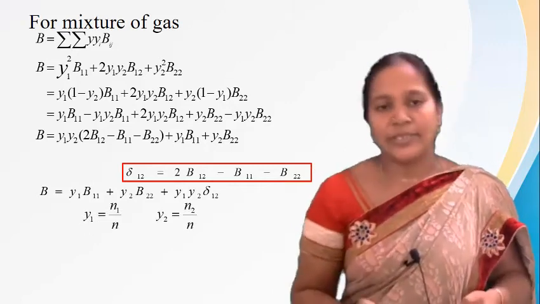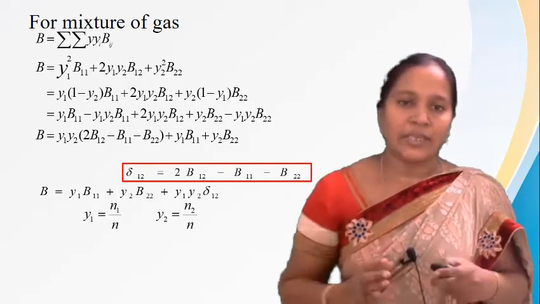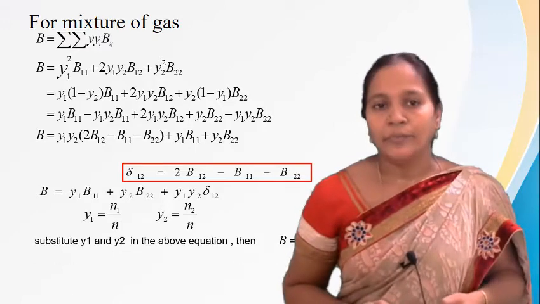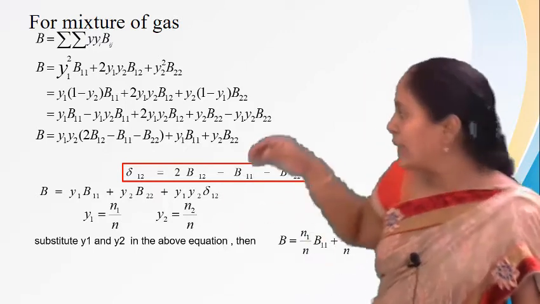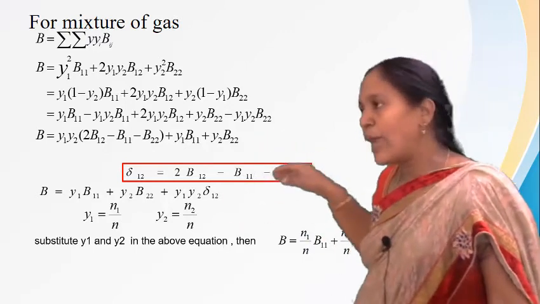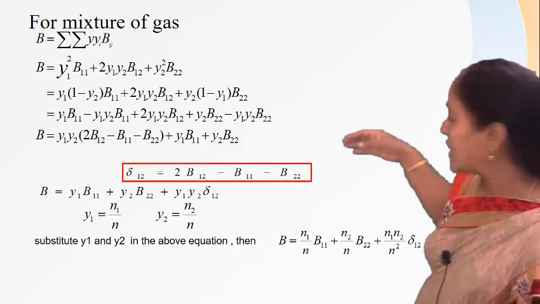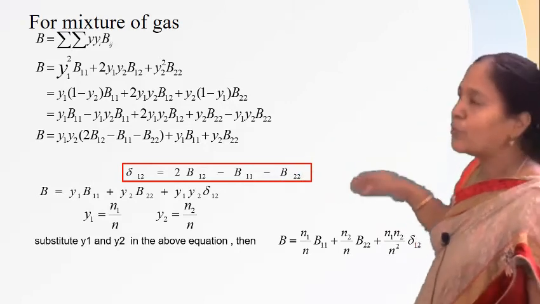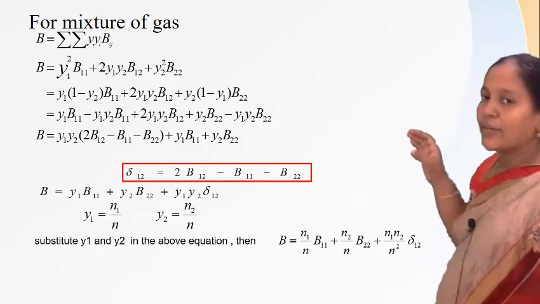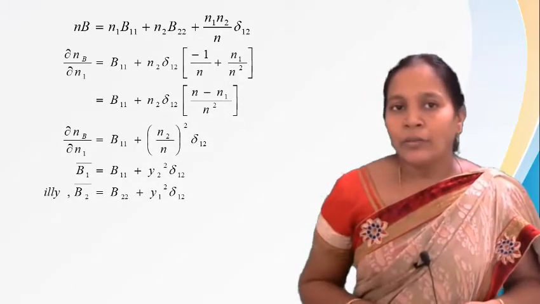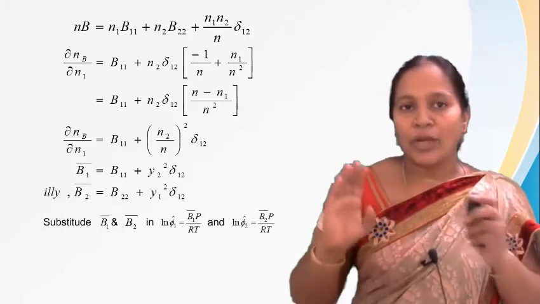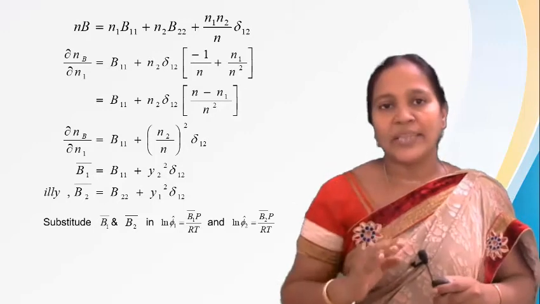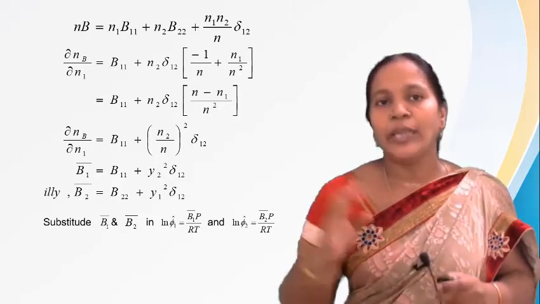Here y1 is equal to n1 by n, y2 is equal to n2 by n. Substitute y1 and y2 in the above equation. Then we will get B is equal to n1 by n B11 plus n2 by n B22 plus n1 n2 by n square into delta 12. Then nB is equal to n1 B11 plus n2 B22 plus n1 n2 by n into delta 12.